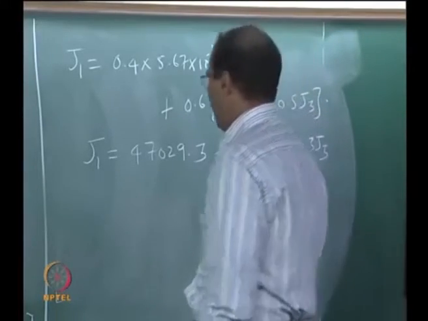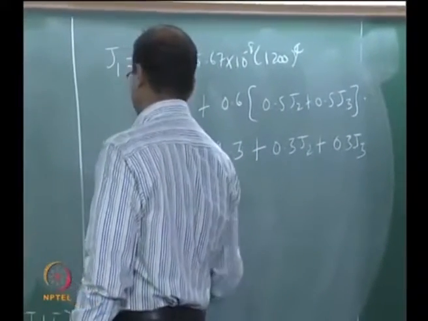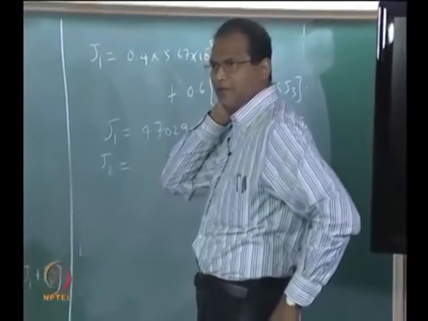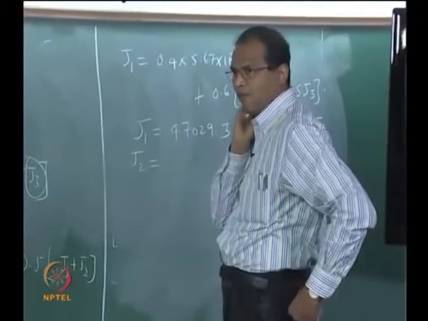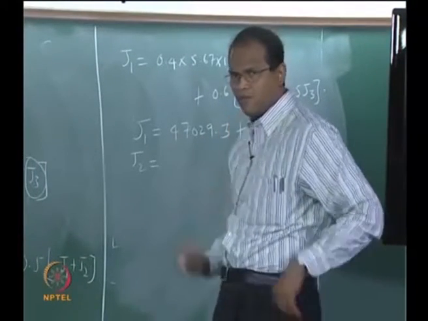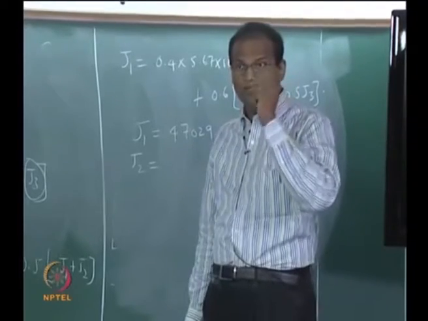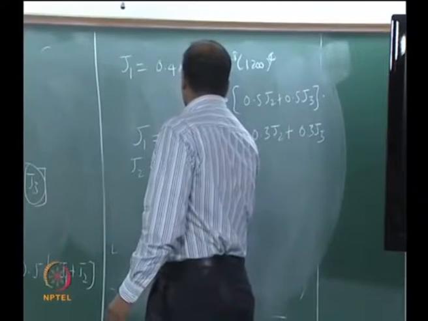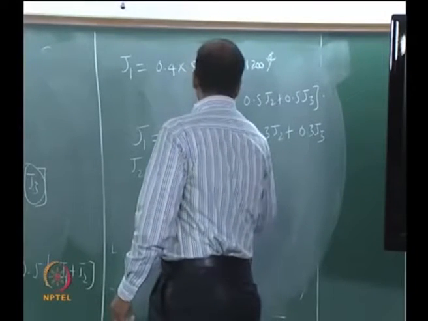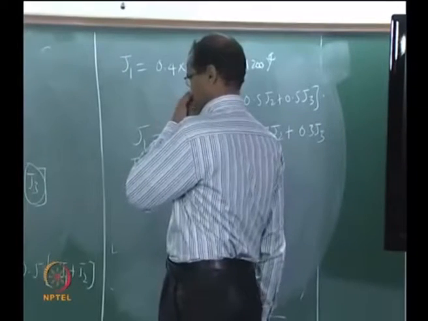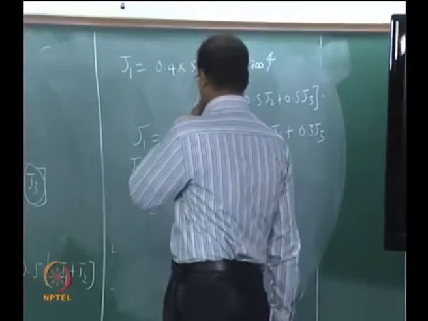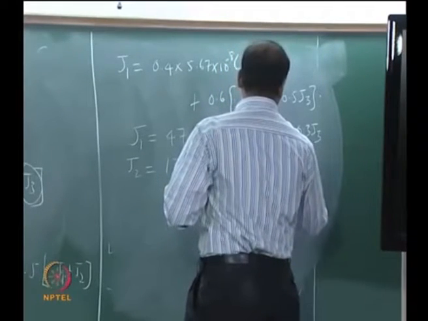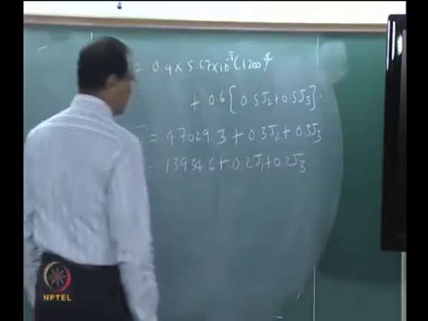Correct? J2 is equal to, epsilon 2 is 0.6, can you substitute? Tell me that first term. 13,934.6, plus... is it correct?